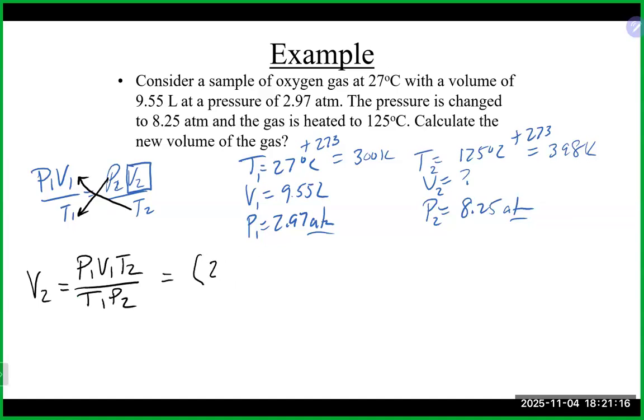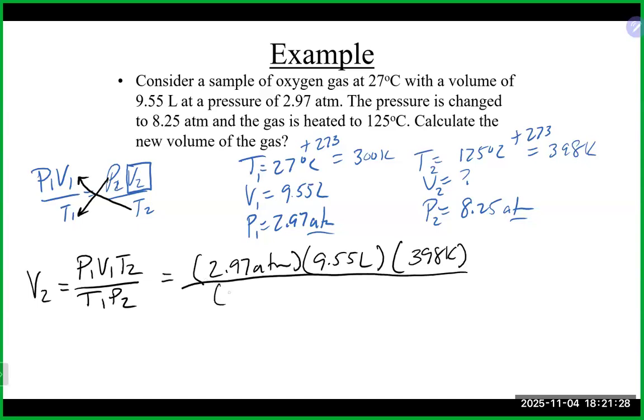So 2.97 atmospheres, our 9.55 liters, our second temperature, 398, divided by our first temperature, 300, and our second pressure, 8.25. Atmospheres will cancel, Kelvin will cancel.